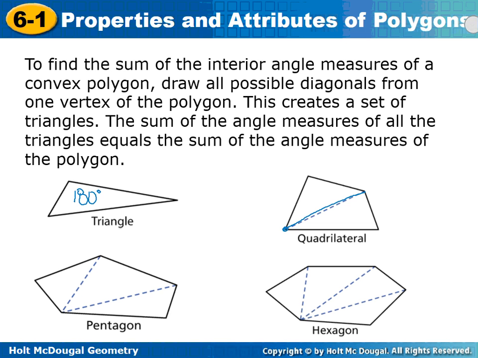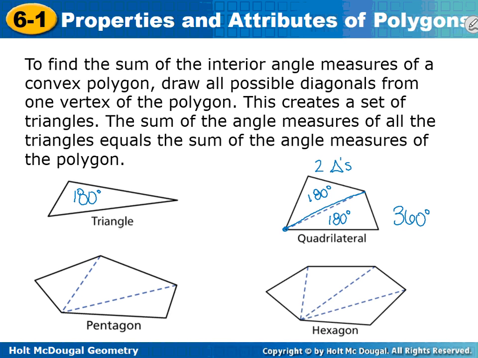So we have 180 degrees in this triangle and 180 degrees in this triangle, right? So what would be the sum then of all the angles in this great big quadrilateral if we add the 2 sums together? 360. So in a quadrilateral, it makes 2 triangles, and the sum is 360. Does that make sense so far?